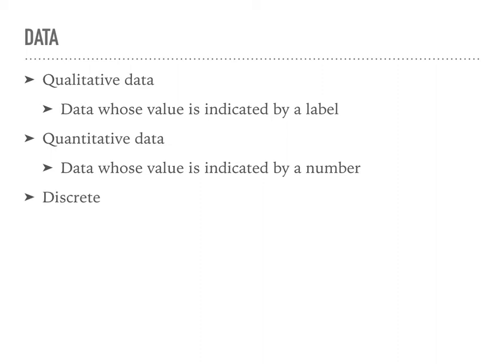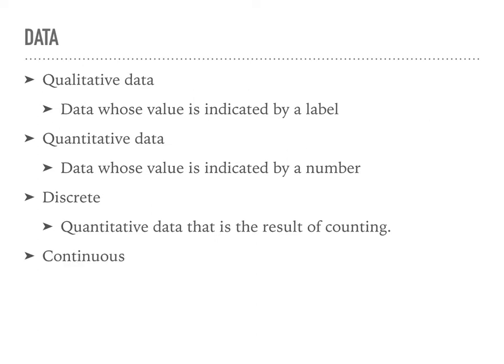We also have discrete. Discrete is a type of quantitative data. Discrete is quantitative data that is the result of counting. So these have to be whole numbers. Continuous is also quantitative data, but this is data that's the result of measuring. So this can include fractions or decimals.